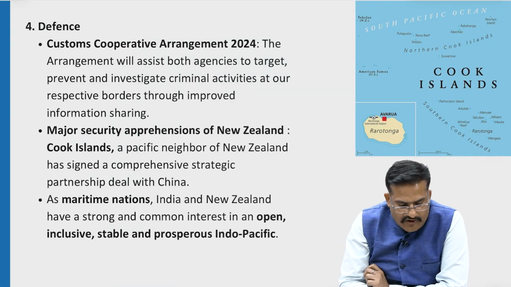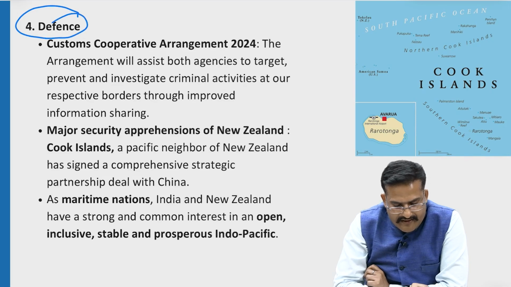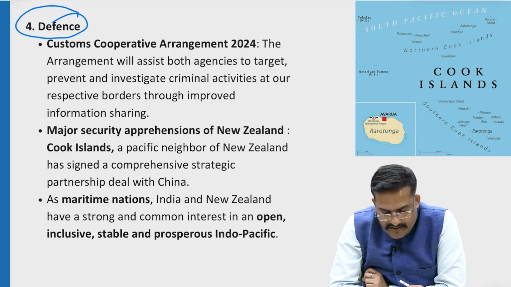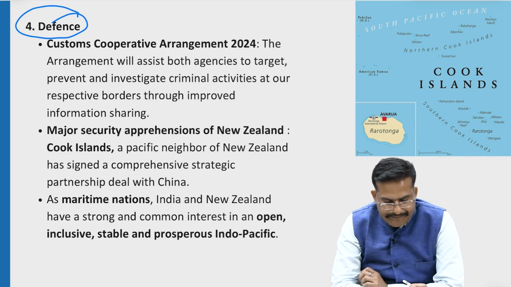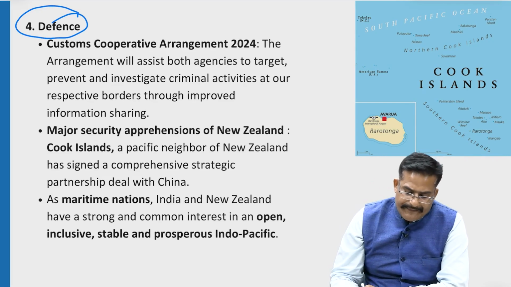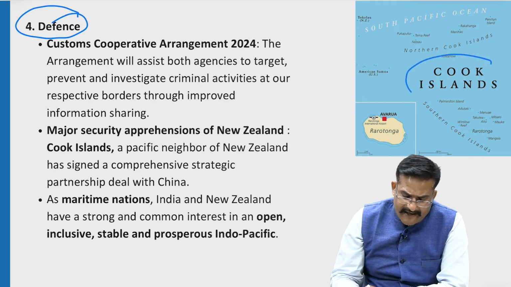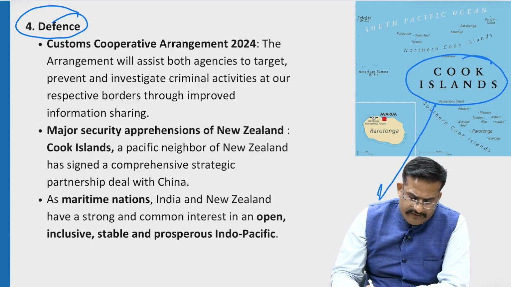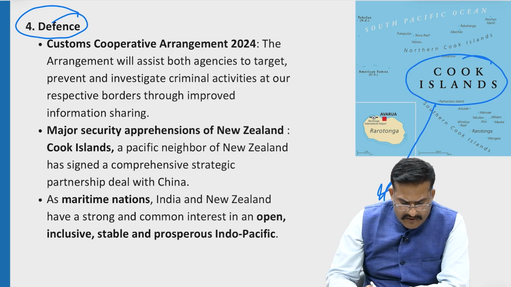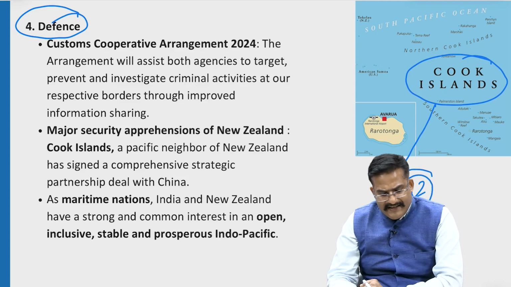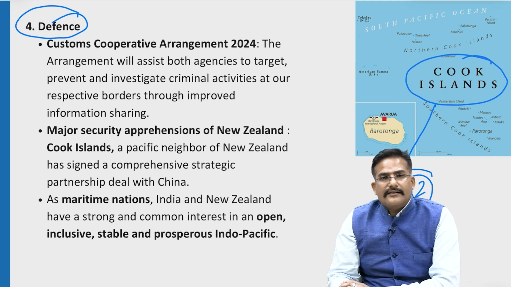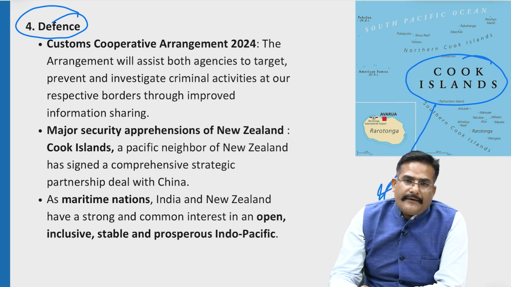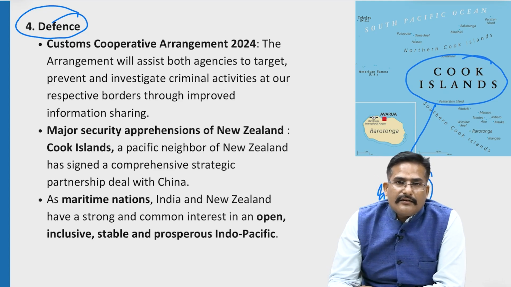Now, we will switch to the next D of the relation between India and New Zealand, that is defense. Now, what happened recently: the Cook Islands, which are in the backyard of New Zealand, had a negotiation or comprehensive security dialogue with China, which irked New Zealand badly.